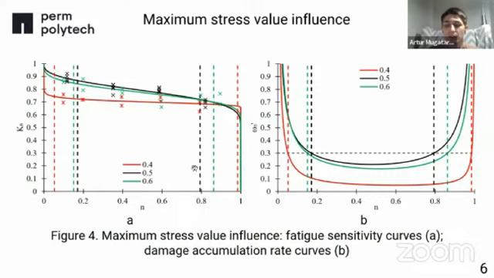The dependencies of the model parameters on the maximum stress value during the cycle are nonlinear and non-monotonic, and we can see that low values of stress led to fast reduction of mechanical properties on the initiation stage, but it makes the stabilization stage long, and the damage accumulation rate is very low.